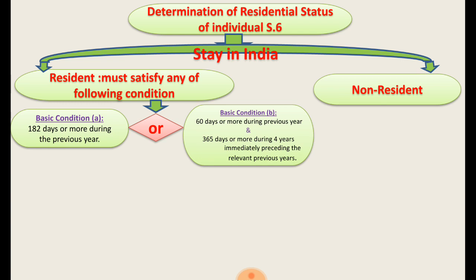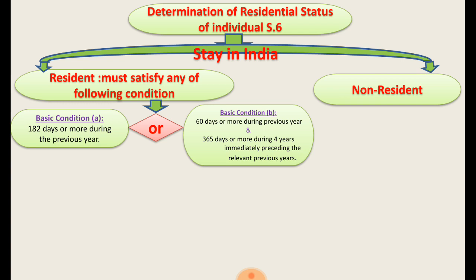Either he must satisfy basic condition A, or if he does not satisfy basic condition A, then he shall satisfy basic condition B. If that individual satisfies any of these two, then that person will be decided as a resident.